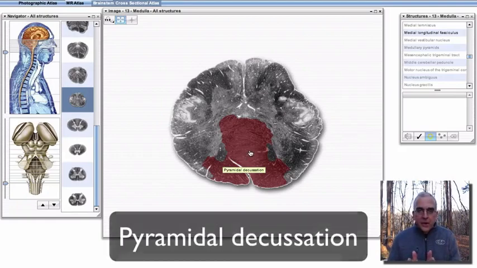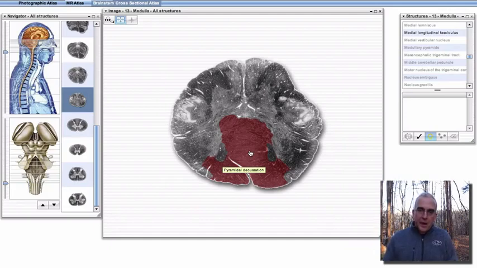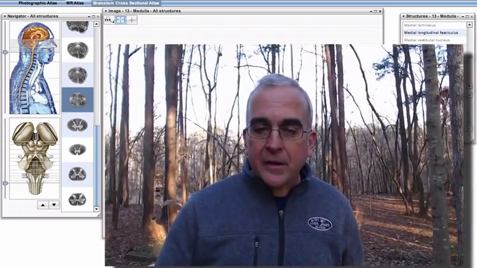This is where the corticospinal tract crosses the midline. Actually, as we'll see in a few weeks, about 90 to 95% of the axons cross. Some remain on the same side, but the vast majority of them cross, and here's where they do so, in the caudal medulla.